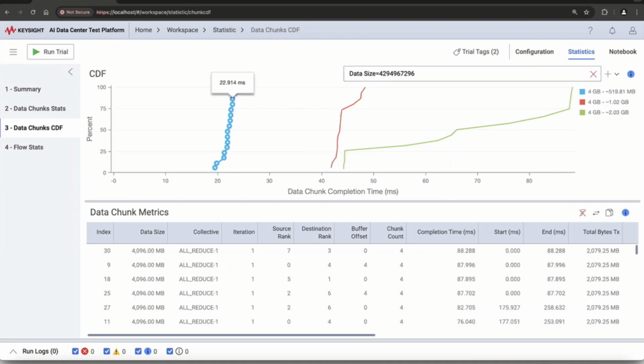So this line is the completion times for transmitting half a gig of data. This line here is the completion times for transmitting 1 gig of data. And this is the completion times for transmitting 2 gigs of data.